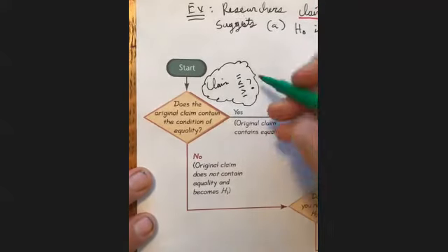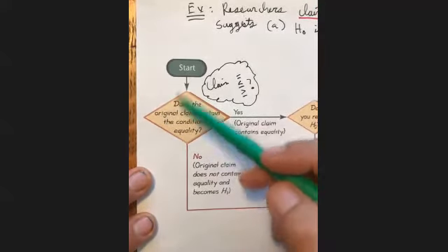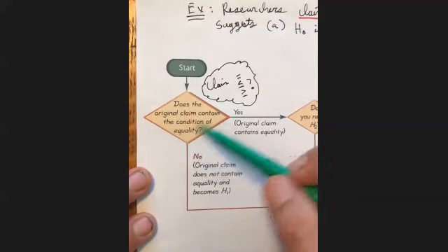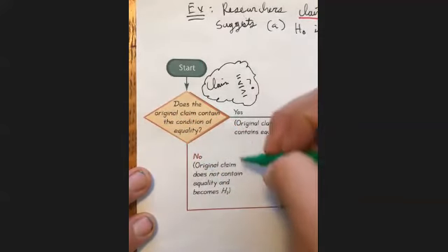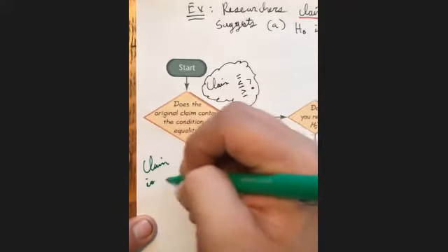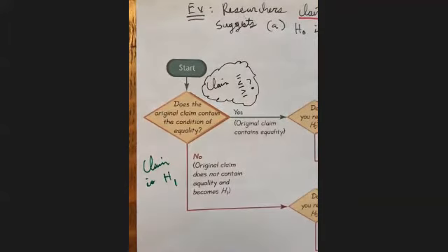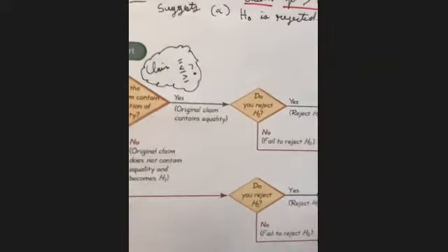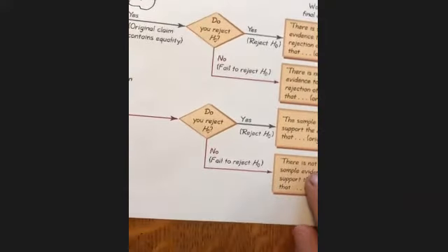So really, you can read this more simply as, is the claim H0 or H1? So here, for our example, the claim is H1. That's what researchers think is true, not H0.